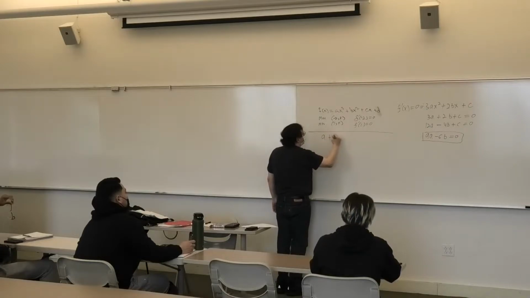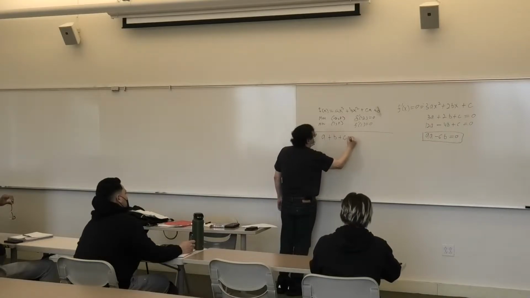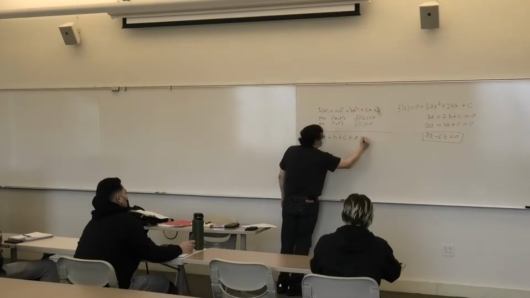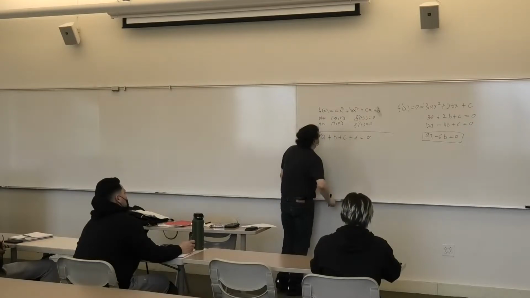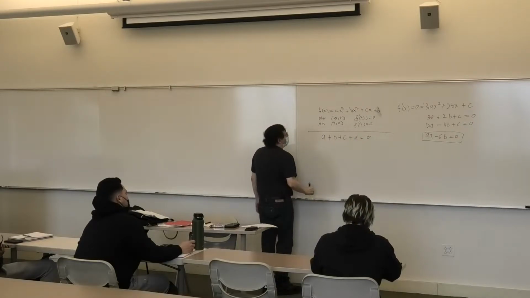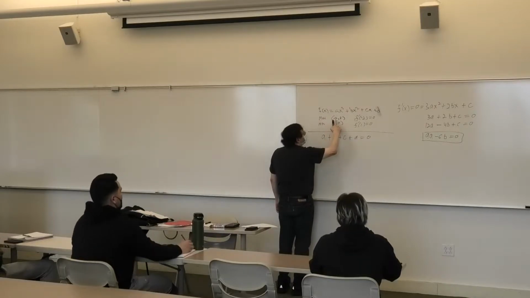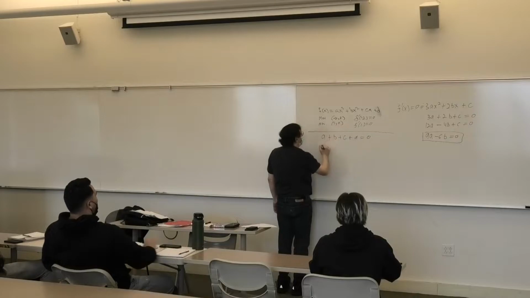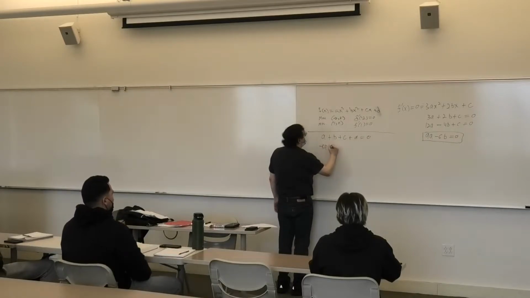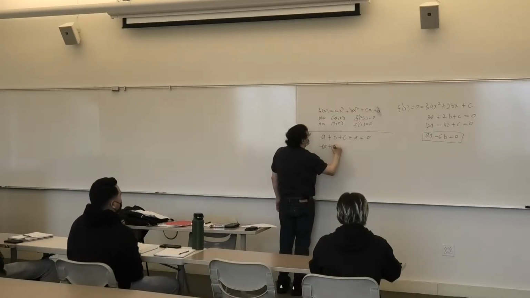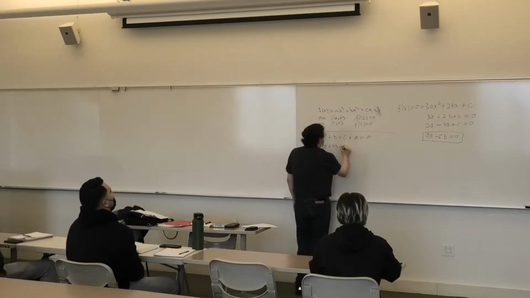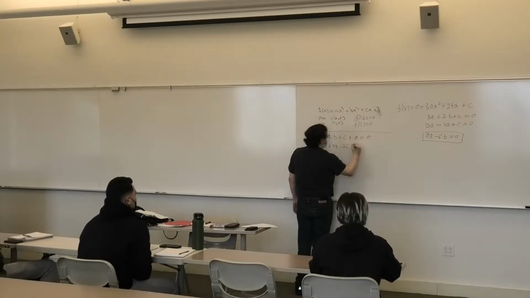So a plus b plus c plus d equals 0. And f of -2 is equal to 3. So -8a plus 4b minus 2c plus d equals 3.